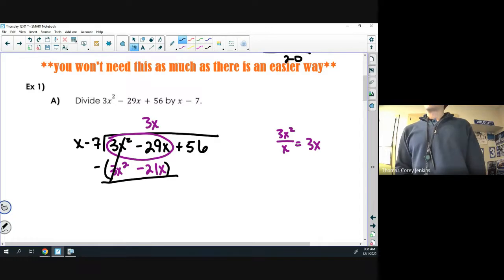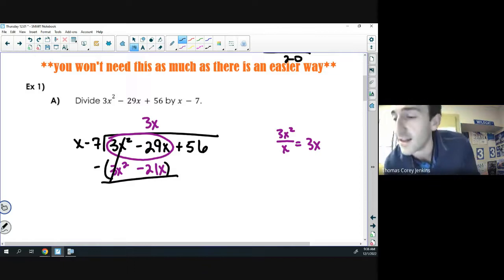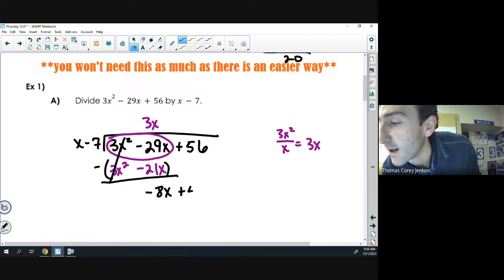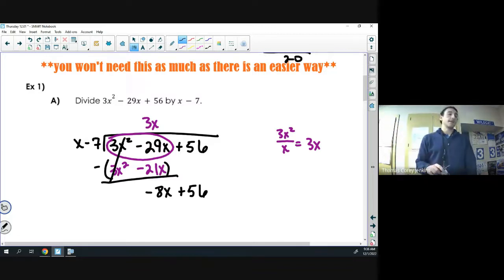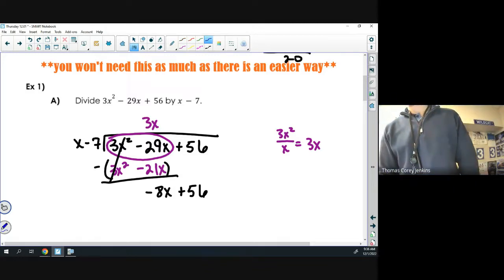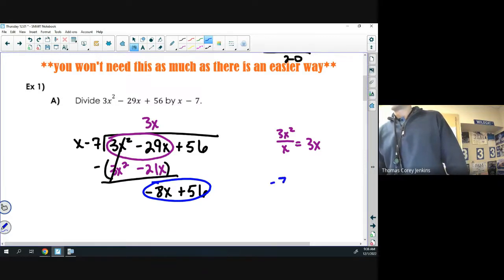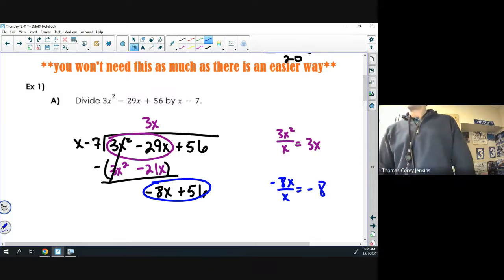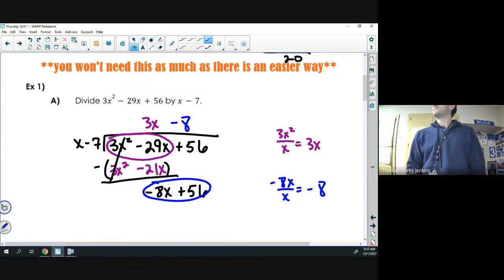Then we got negative 29x plus 21x, right? Minus negative is plus. So that's negative 8x. And then we bring down the 56, so plus 56. All right, then we do the same thing over again, right? So now we're looking at how many 3xs go into that. To know the answer, we think negative 8x divided by 1x. That'd be minus 8. So then minus 8 goes here, and we distribute the negative 8.